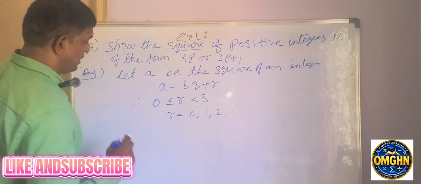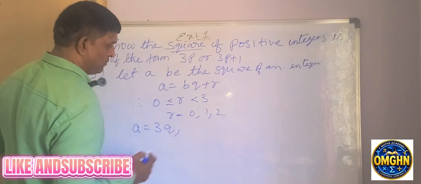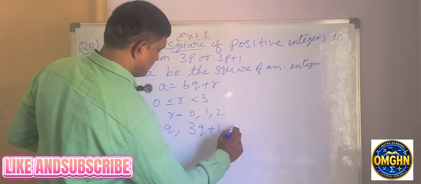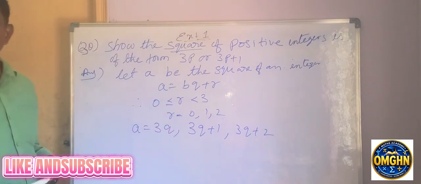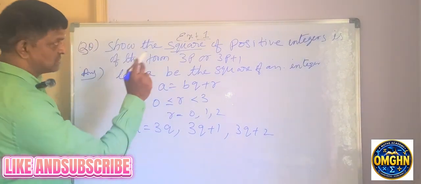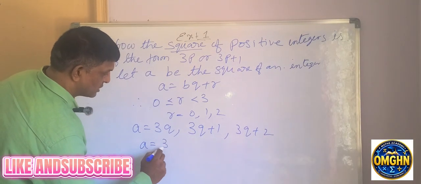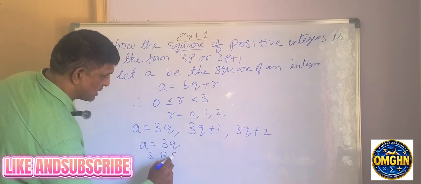Okay. Now, a is equal to 3q, 3q plus 1, 3q plus 2. These are all the things we have to go. Now, what we have to do in this sum? We are going for the square. That is a is equal to 3q, here squaring both sides.